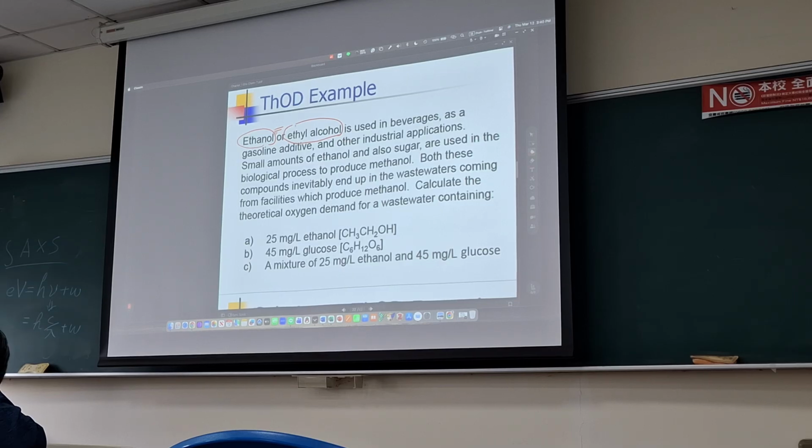Small amount of ethanol and also sugars are used in biological process to produce methanol. Both these compounds end up in the wastewaters coming from facility which produce methanol.